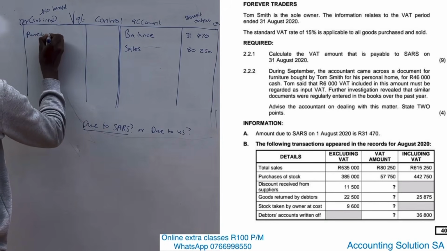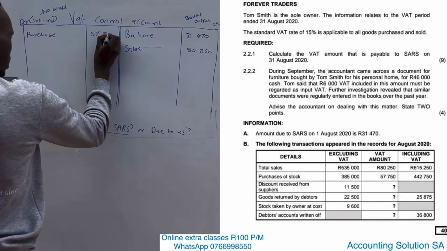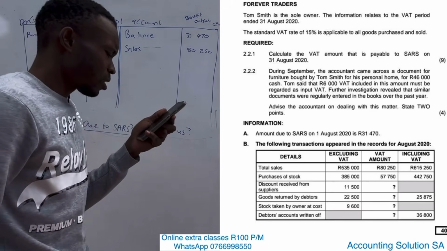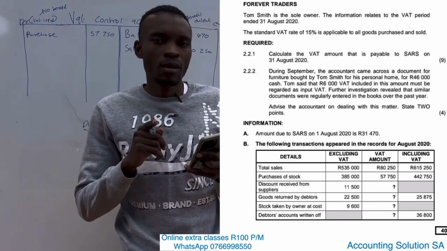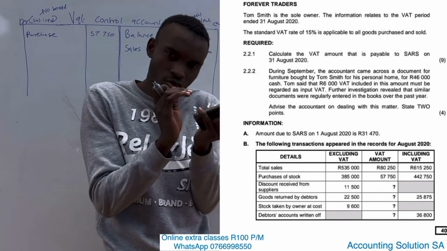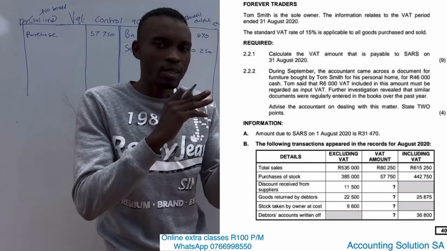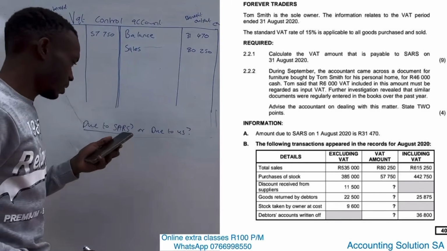Purchase is 57,750. Okay, discount received from supplier. We benefited. Remember, when we receive a discount from a supplier, it simply means that we didn't pay that discount amount. We benefited. When we benefit, it goes on this side.